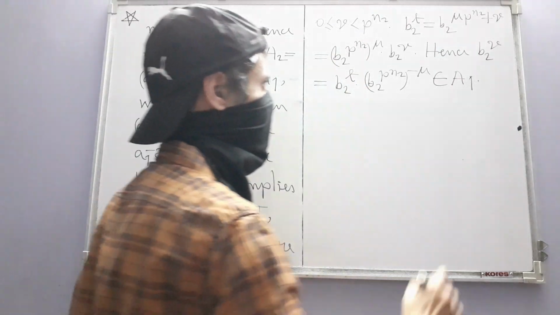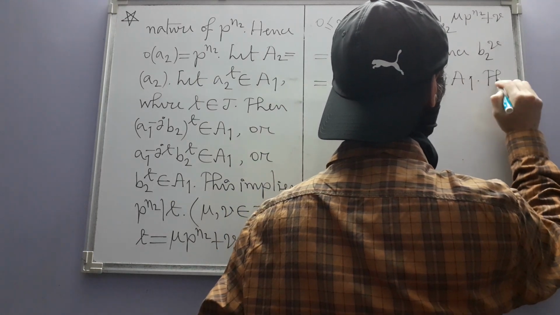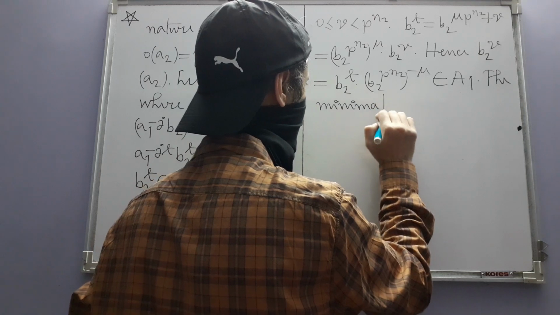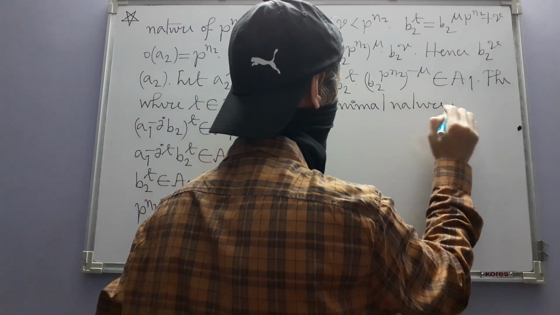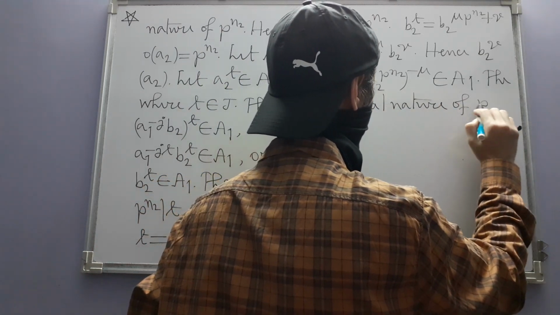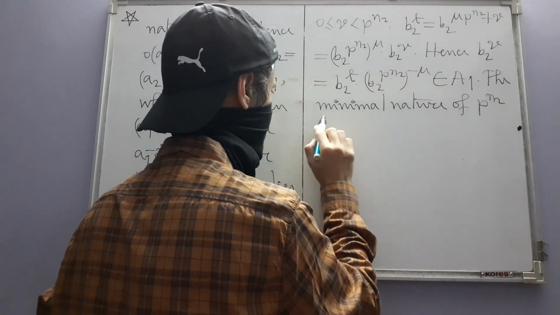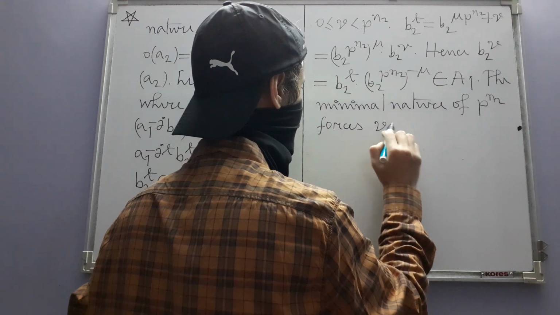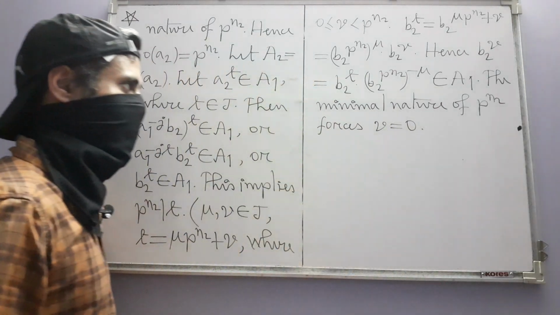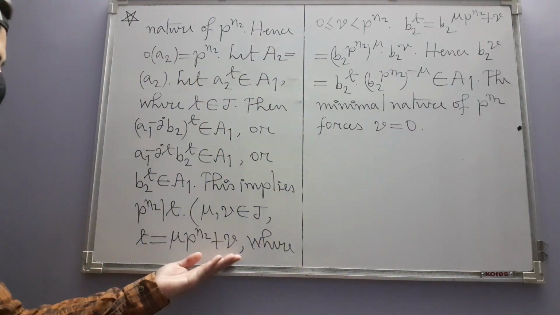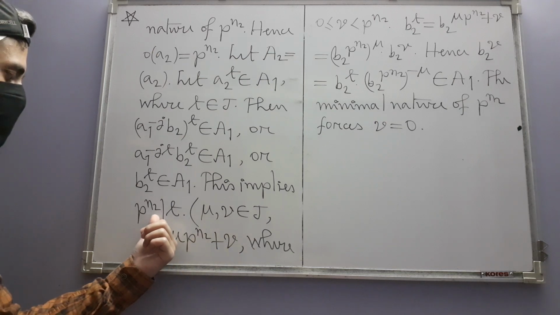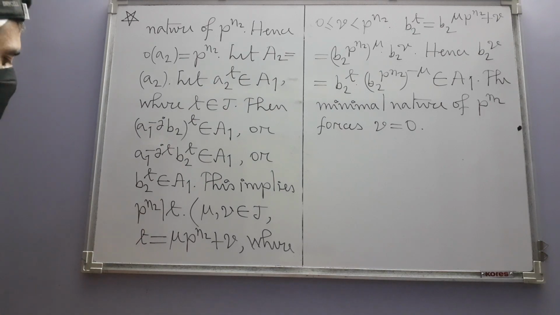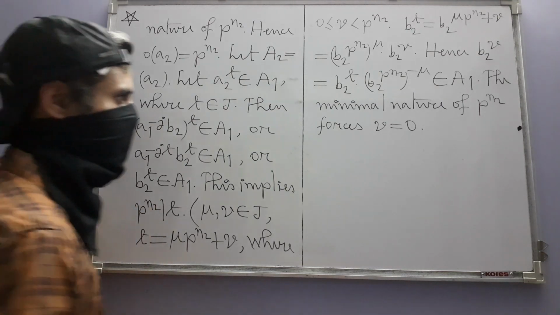That is why the minimal nature of p to the power n2 forces this conclusion that nu has to be equal to 0. But if the remainder is 0, then of course there is a complete divisibility, or there is simply divisibility. That's how we are getting this.